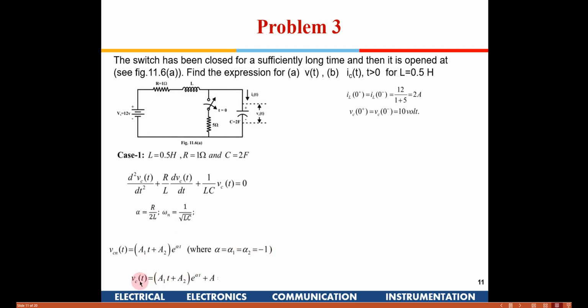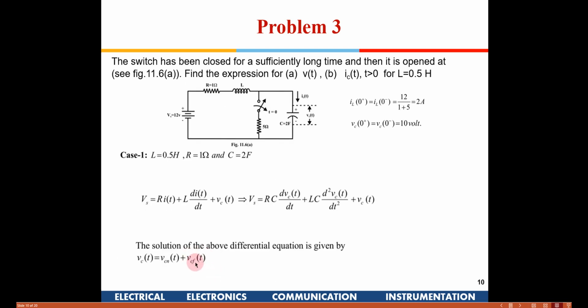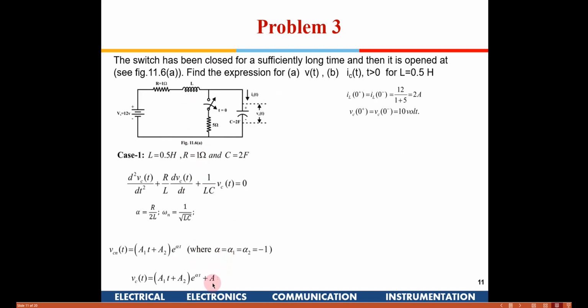So the equation will be VC(t) equals (A1 t plus A2) e to the power of minus t, and then plus A. What is this A? Because in this case you have a forced response also, since a 12 volt source is given here. That is the reason we write an A out here. Now at t equal to 0, we apply the initial conditions.